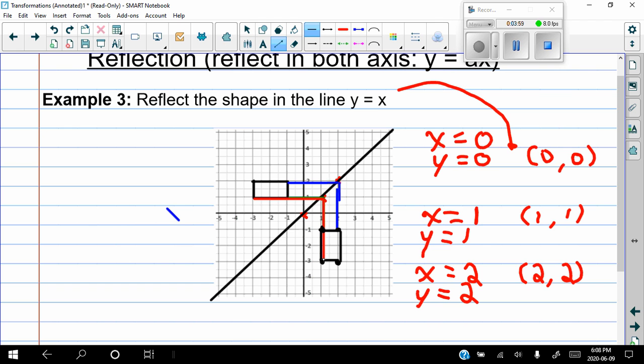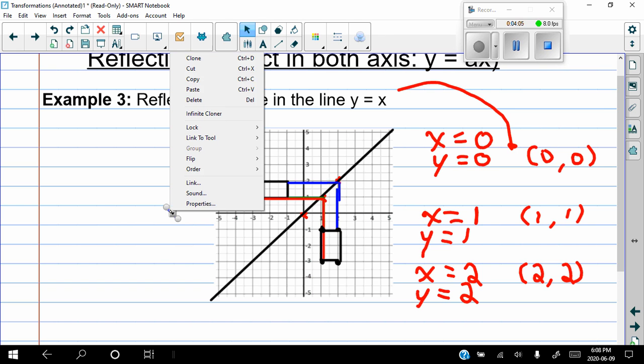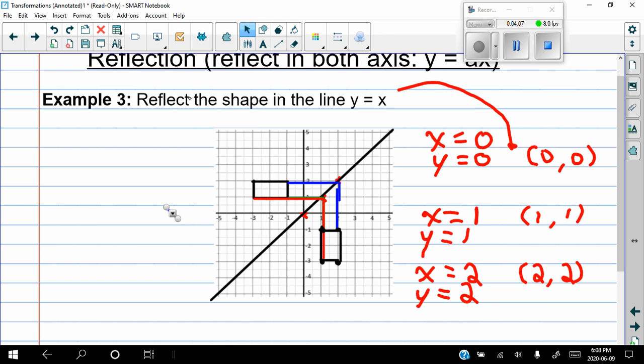One thing I'm going to bring attention to, because some people might like this a little bit more, is the fact that when you're doing these, for simple ones where y is equal to x, notice that we can pick a point on our original shape. So this purple point here, that's the point -3, 2.